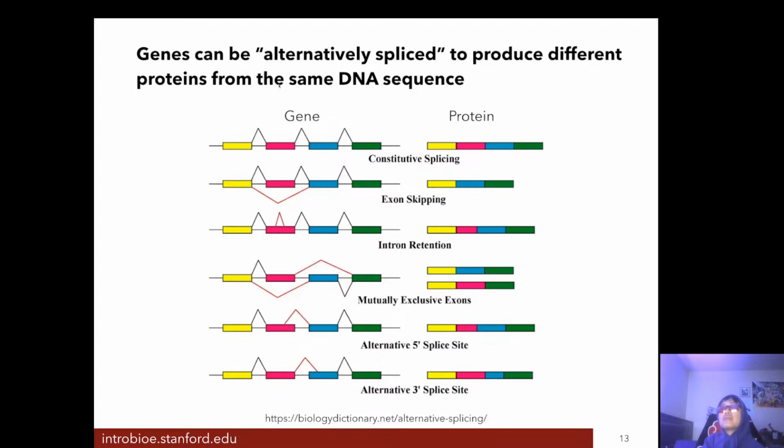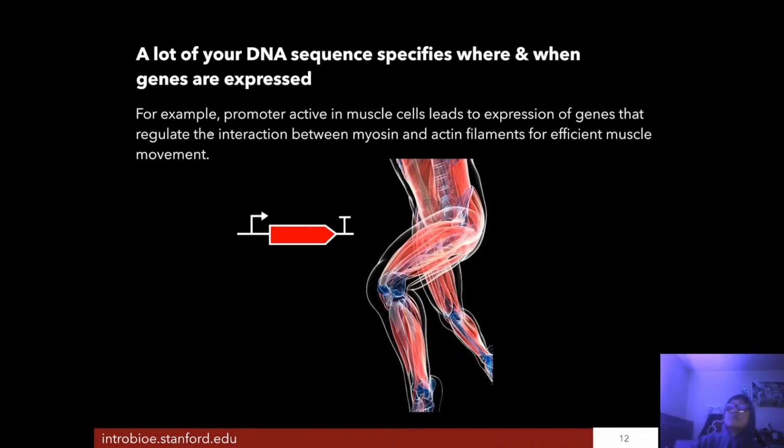One example of this is called alternative splicing. So if we think about the example that I just showed you, where there's this important gene for muscle movement, and we think of it as being one gene makes one protein, then there's not a lot of flexibility there. We basically can decide to make that protein or not. We can decide to make a little bit of it or a lot of it, but we're always making that protein in a world where this DNA sequence is always read directly.